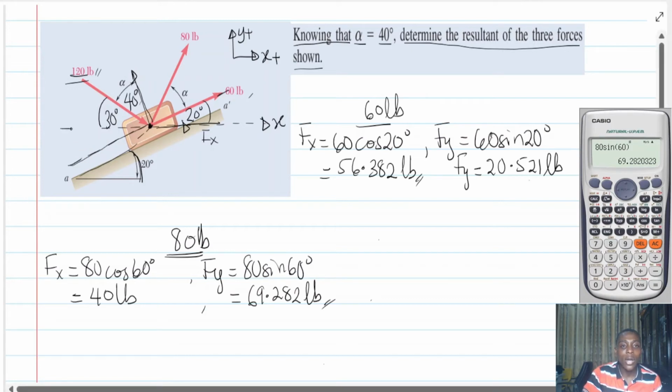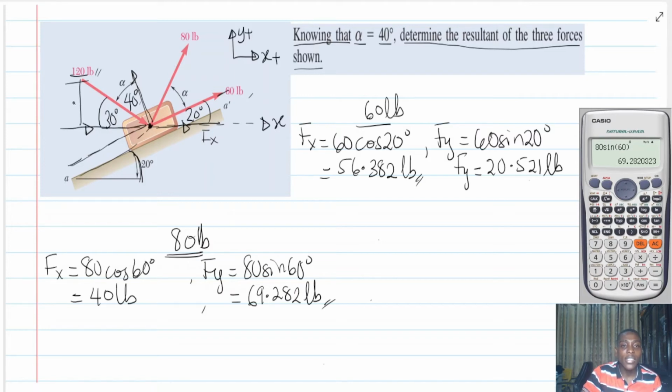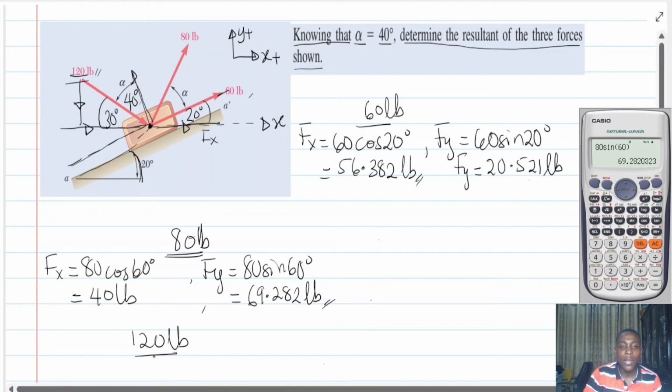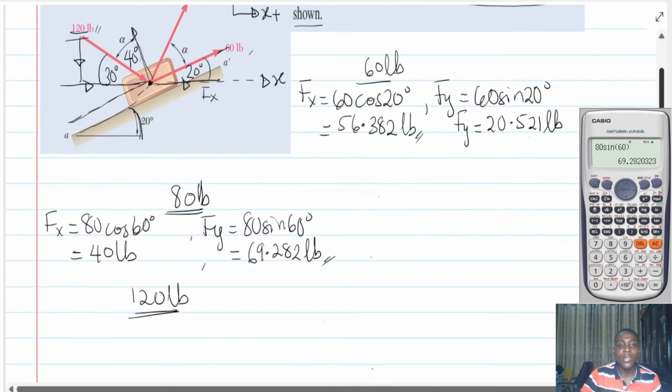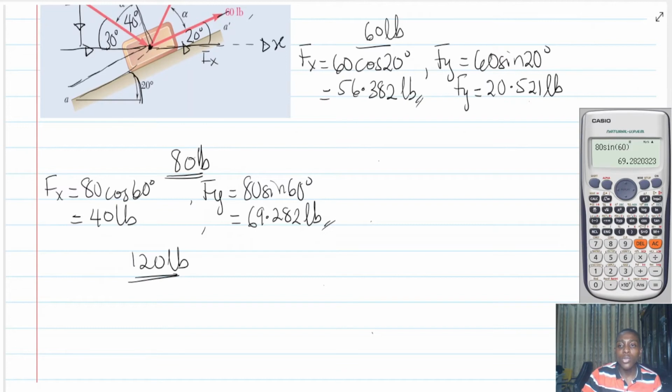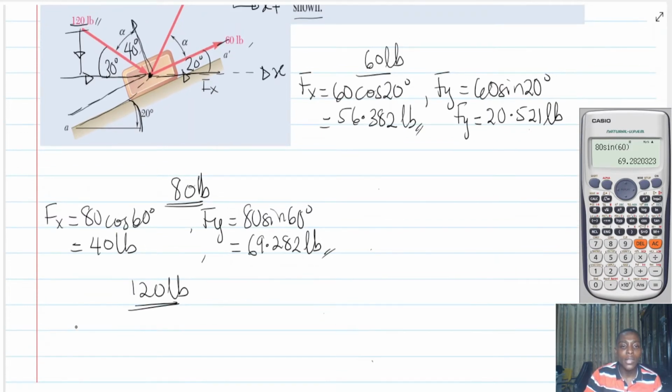All right, so this is what I want to do. I want to resolve this 120 into x and y component. So 120 pounds. So the x component is going to be 120 cosine 30.